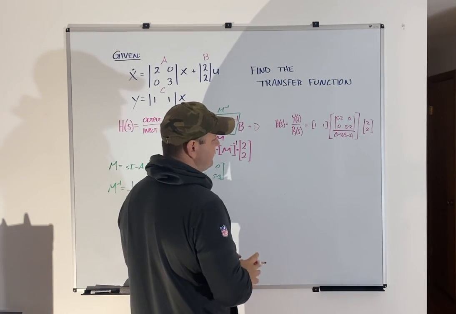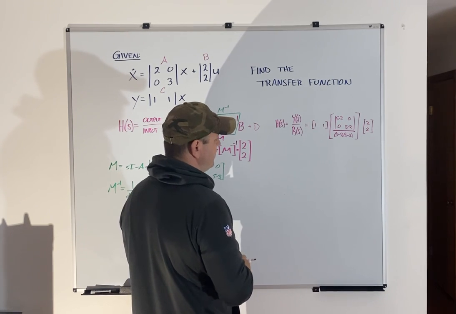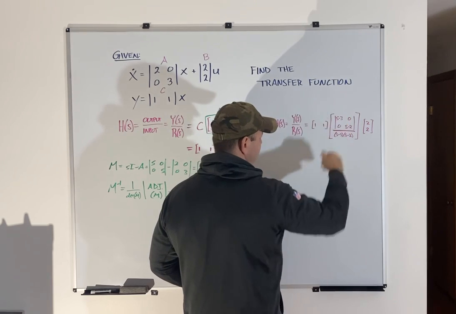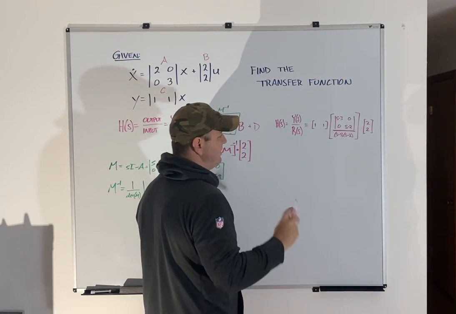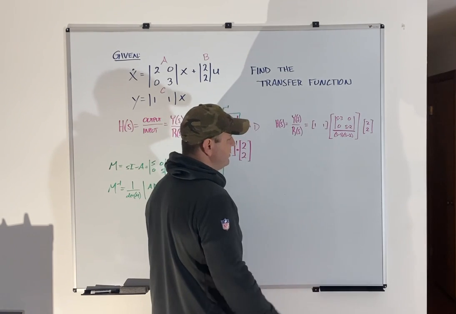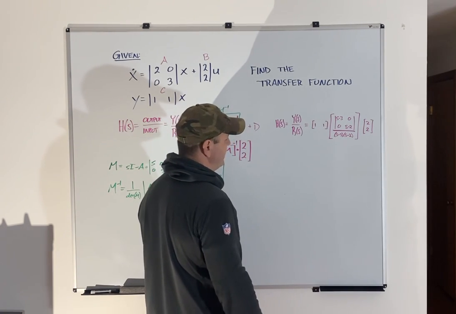When we're doing this formula, you'd think, oh, you could just cancel these out. Cancel the s minus 3s, and now you're just left with 1 over s minus 2. Yeah, you can do that. Don't. Transfer function, you don't want to lose states. So let's just keep it the way it is.